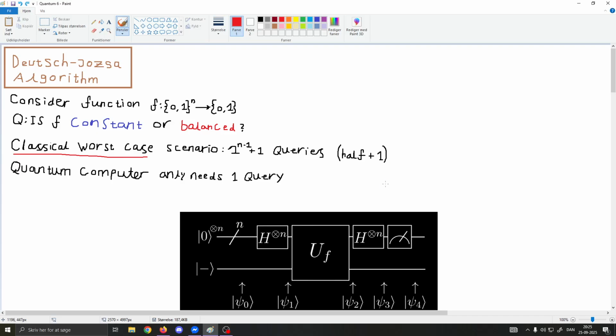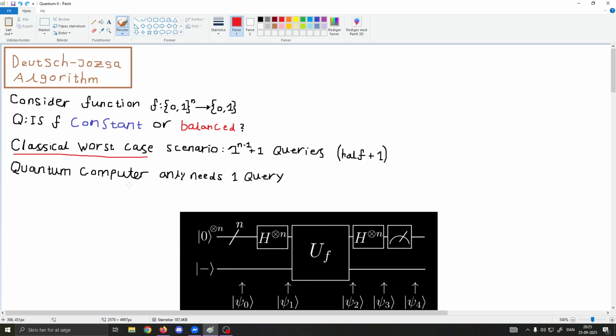And that's because in the worst case scenario, all the outputs are the same up until you reach the halfway point, because coincidentally the outputs are ordered in that way. However, once you calculate the half plus one bit, whether it changes or not in the worst case scenario determines whether or not it's constant or balanced.